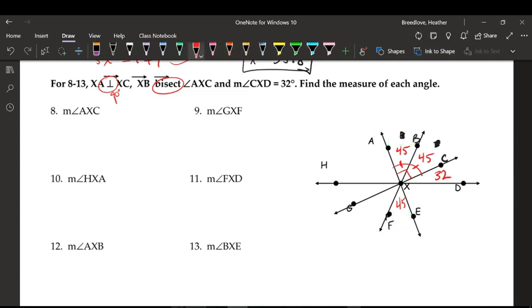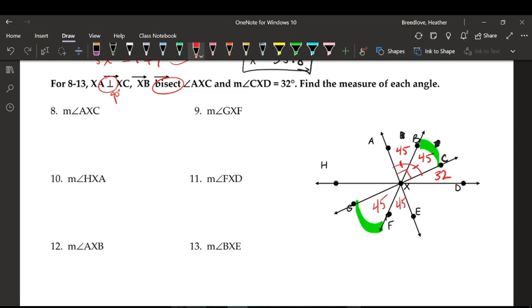So I could mark it as 45. And what else do I have? I have BC. Oops, I didn't mean to go red. BC is going to be vertical with GF. Does everyone agree with that? They look pretty clear straight across. So I'm going to mark that as 45.